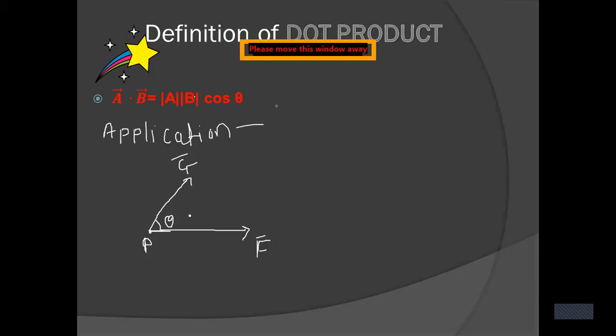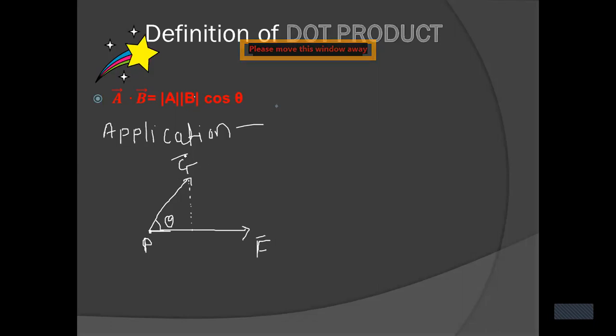Then what is the length of projection? So everybody concentrate, because this point is important. Let us find the magnitude here by using the dot product. Here I am considering point P. One vector is G bar and another vector is F bar. So I'll draw.